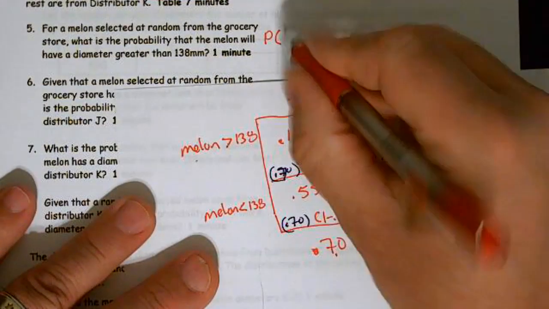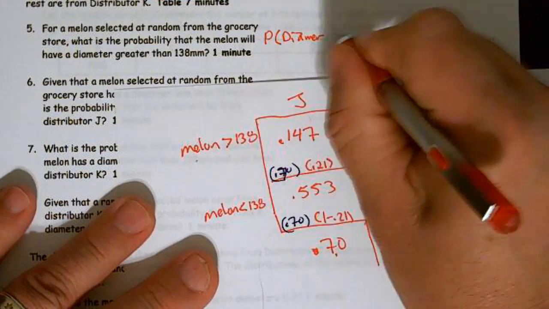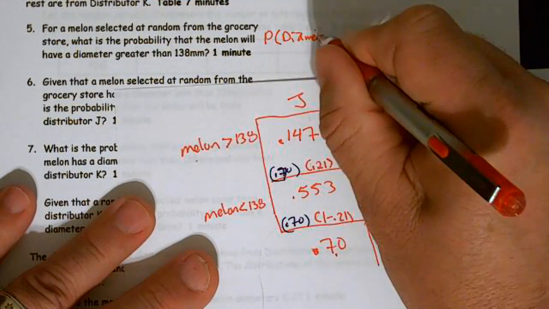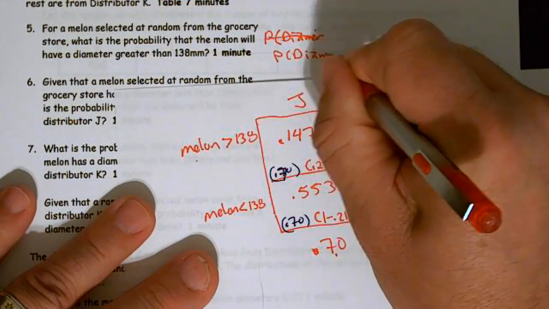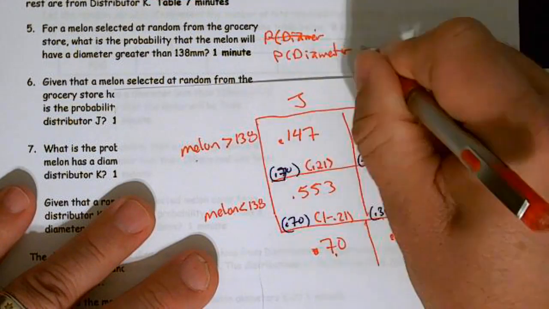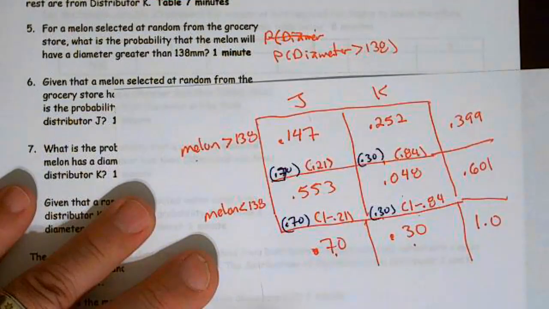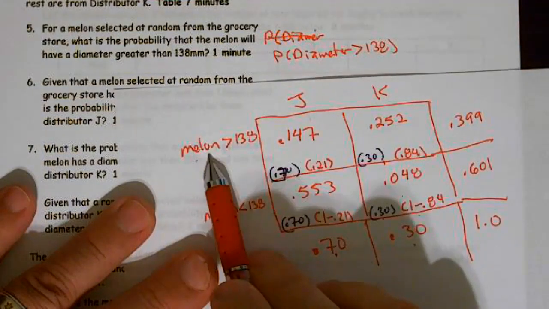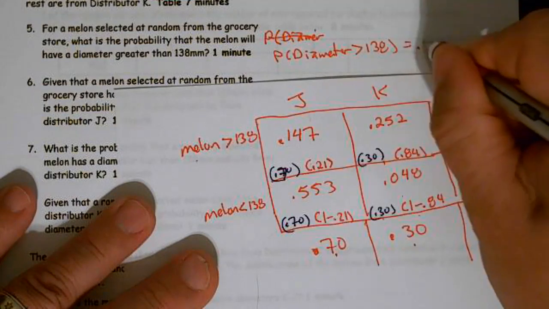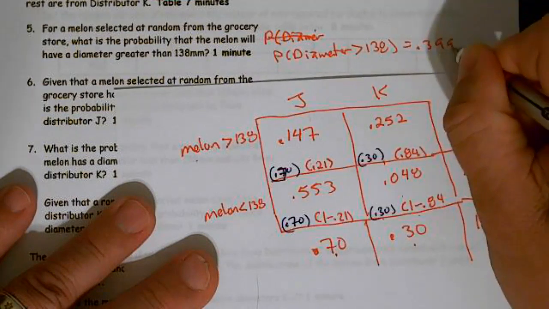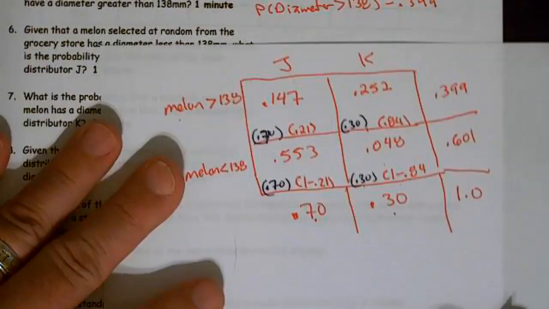The probability that the diameter is greater than 138, so we need to define what it is. The probability the diameter is greater than 138 is 0.399, straight off the table. Very easy to read.